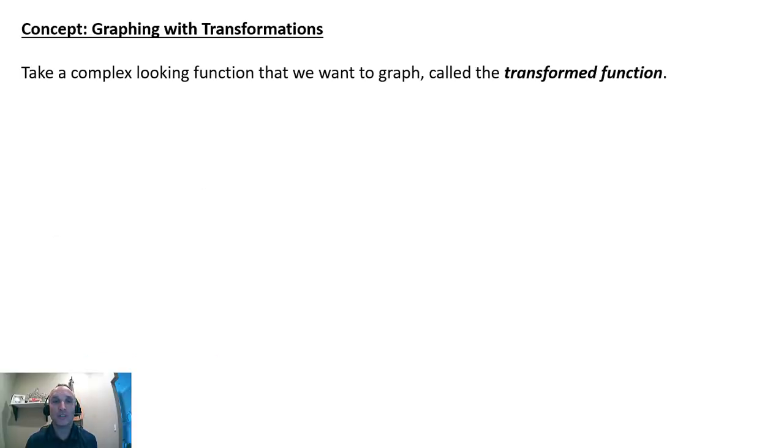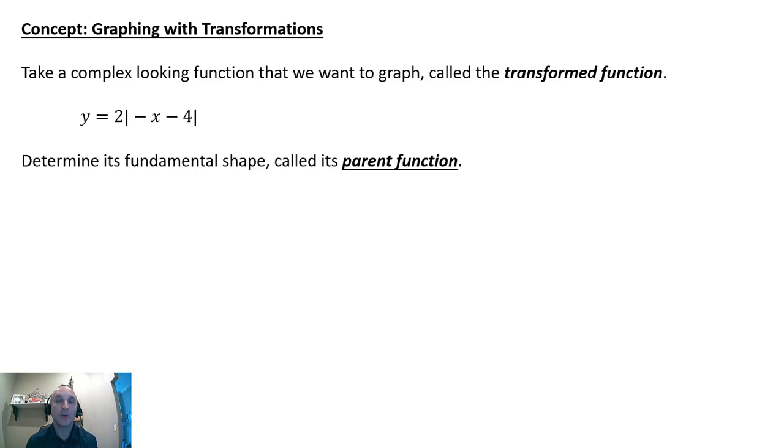So what we do to graph with transformations is we take a complex looking function with lots of arithmetic, and we'll call that the transformed function, such as y equals 2 times the absolute value of -x minus 4. We can see there's lots of arithmetic there. We also have an absolute value involved.